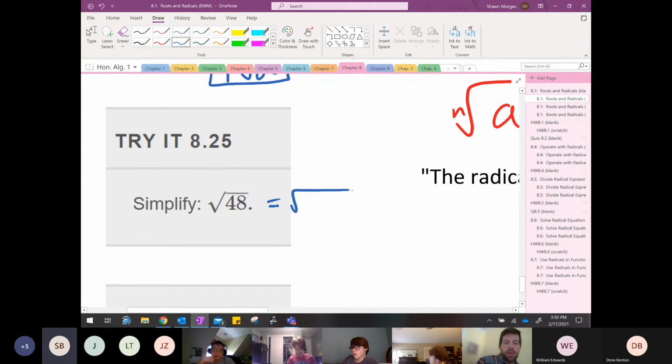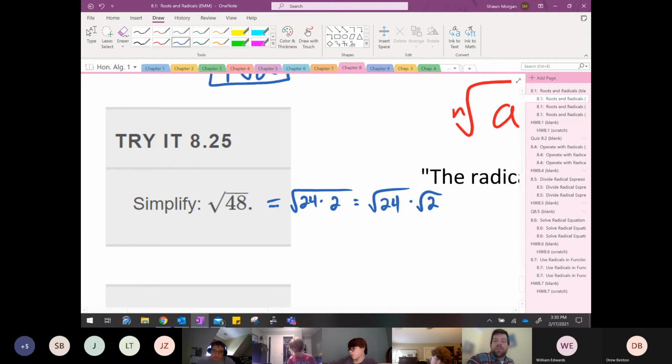Let's split that up because, hey, after all, 24 times 2 is 48. And when I chop that in half, okay. Do I know the square root of 24? Do I know the square root of 2? So although that particular factorization is true, it's not advantageous. Okay, so good try, Tiago.